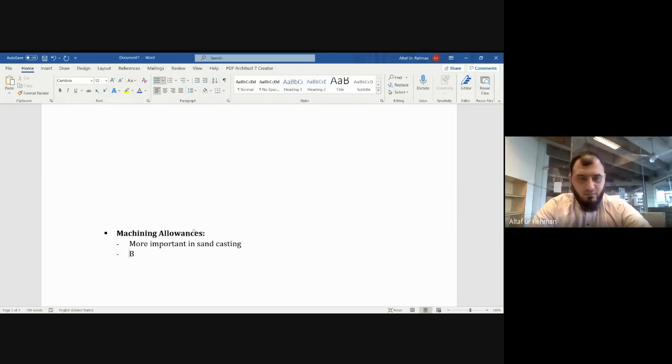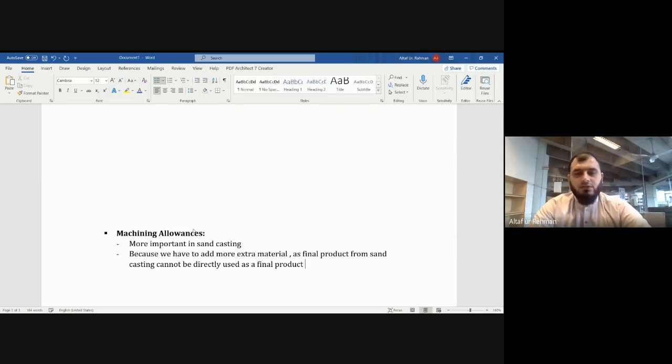Because the final product from sand casting cannot be directly used as a final product in most cases, you need to remove the extra material and finish the surface of the casting itself.